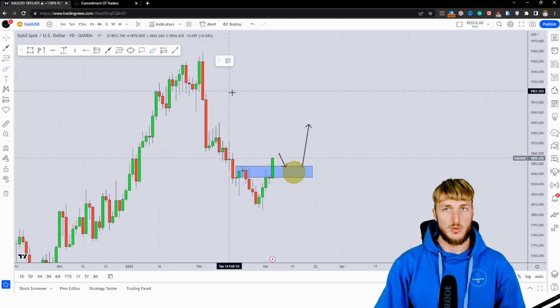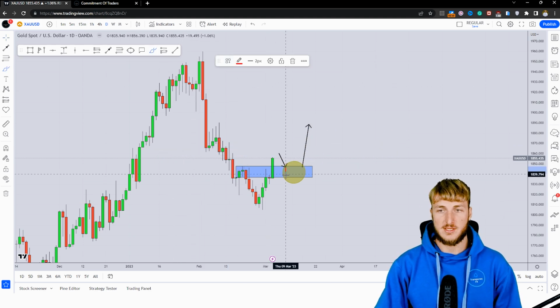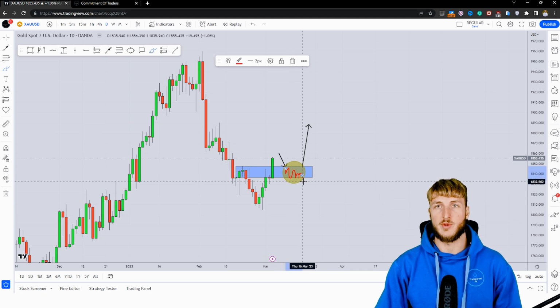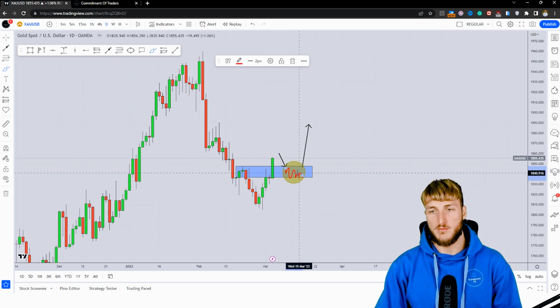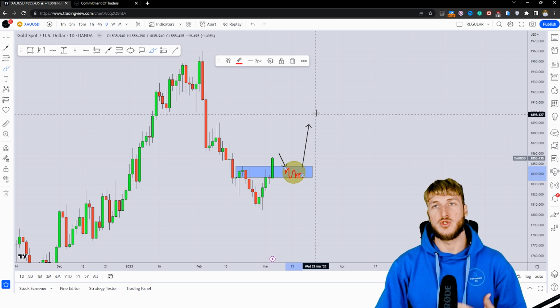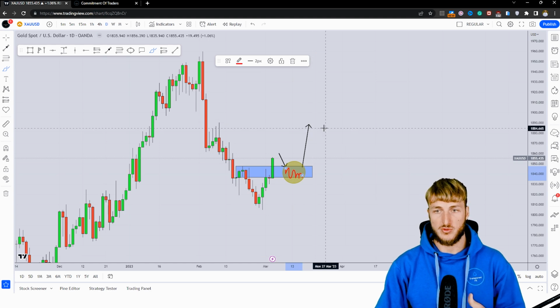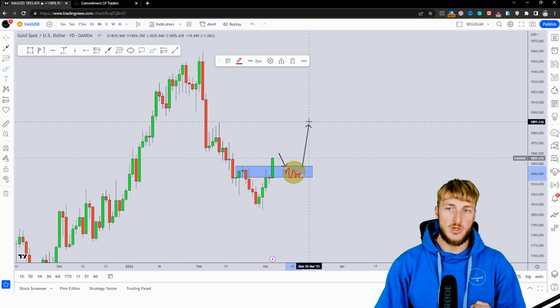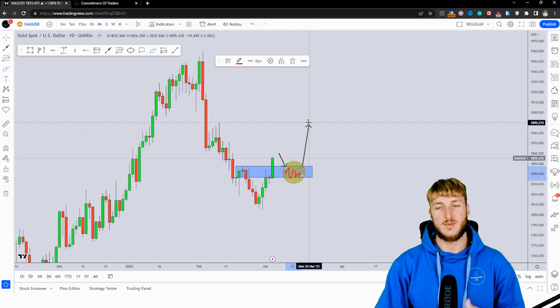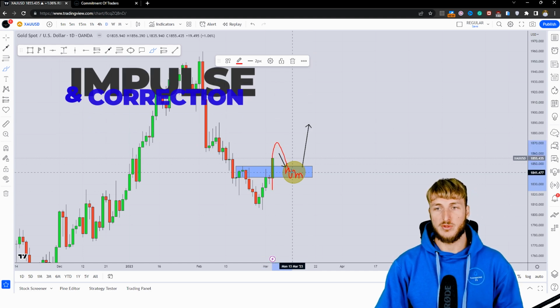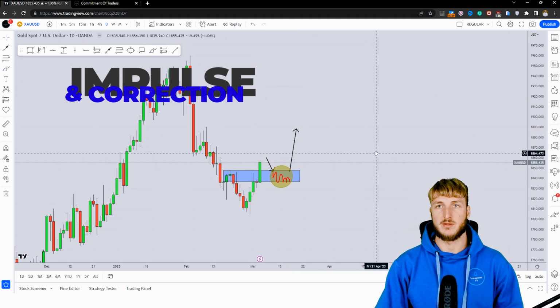Therefore, what we could be doing is monitoring price action from an intraday perspective during this move to the downside, waiting for the market to shift from an intraday bearish market, as we would have, to an intraday bullish market. And if the market would shift from an intraday bearish to bullish market and provide to us one of our valid entries, at that point we could be looking for a potential rejection to the upside for the market to complete this impulse correction and impulse pattern to the upside.